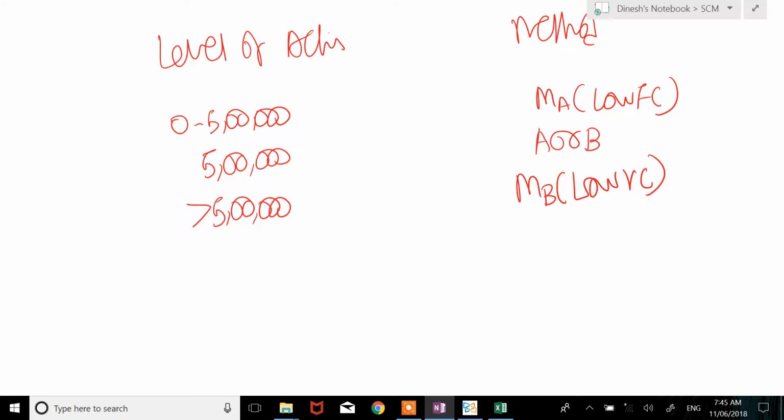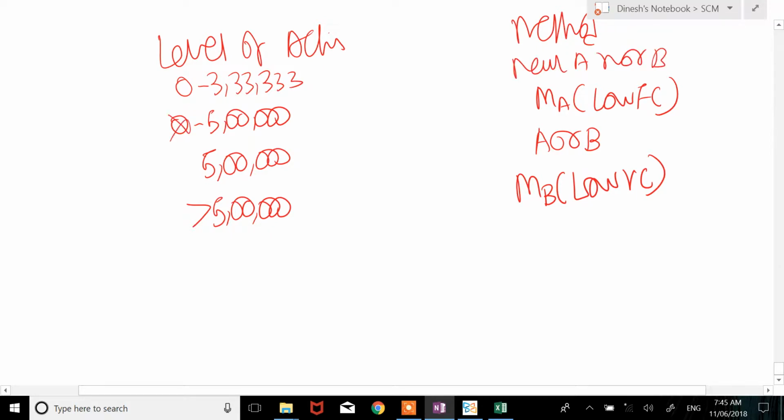Any doubts in this? There's a mistake in the table which I have created. Can you spot it? If you look at, we did break even point analysis. Somewhere that is going to come in 0 to 3,33,333, neither A nor B, and it will start only with 333,334.